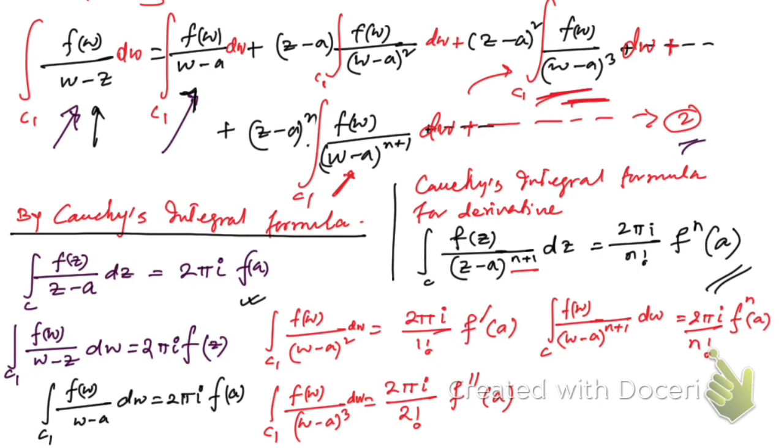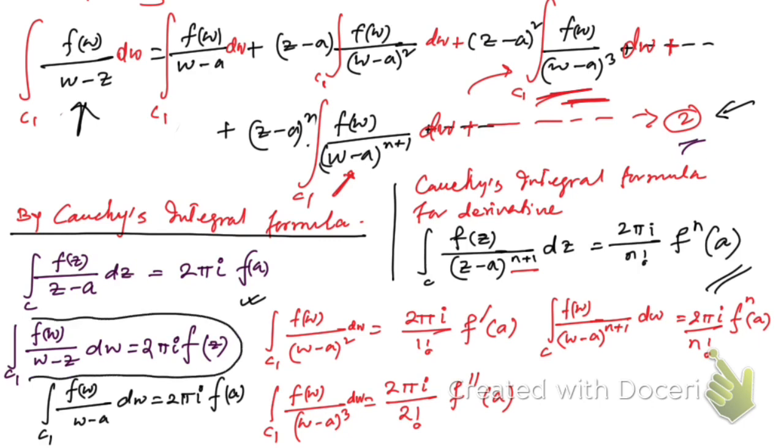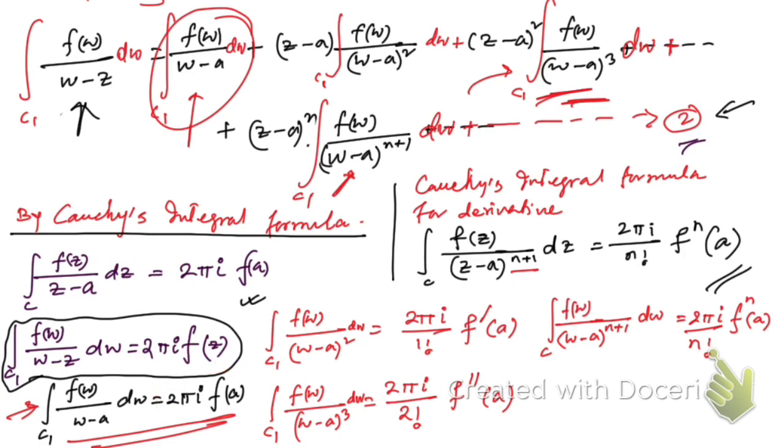Now let us use these results in equation number 2. Okay, so we're going to replace this. Here you see, let me clean these things, just wait. So this is going to be replaced by this result. And this second term is going to be replaced by this one, 2 pi i f of a, right?